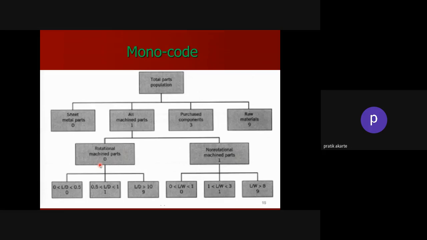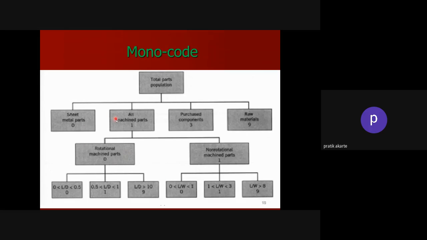Again we are having some design attributes. If you go deeper into the rotational part, the design attributes are length to diameter ratio for various limits. And if we consider the non-rotational machine part, we will be considering length to width ratio or length to thickness ratio for a considerable range.